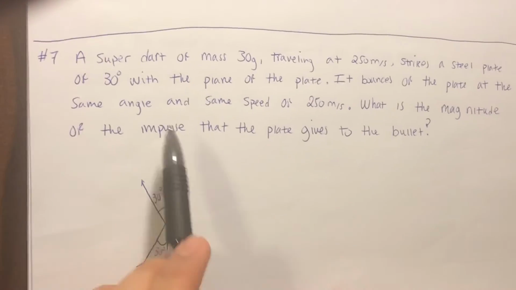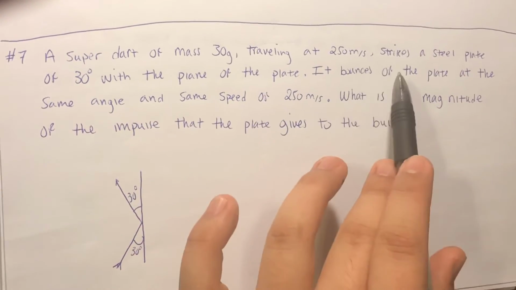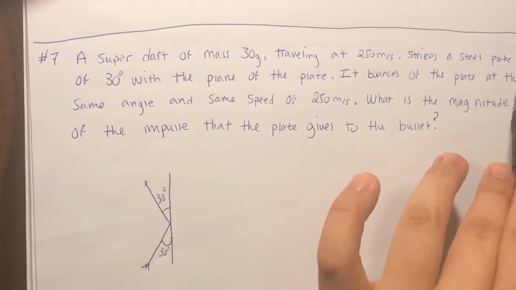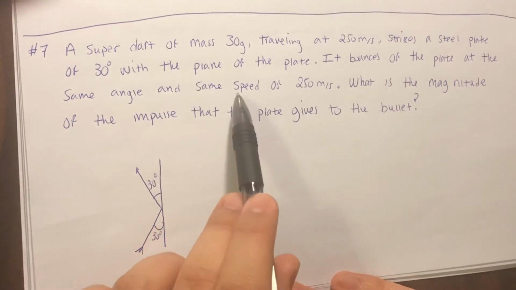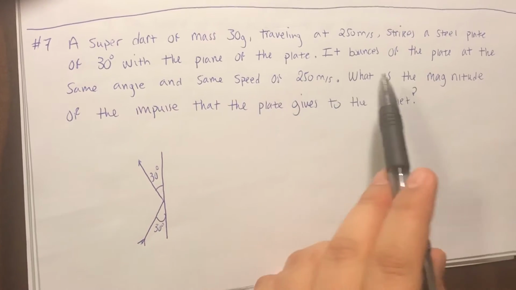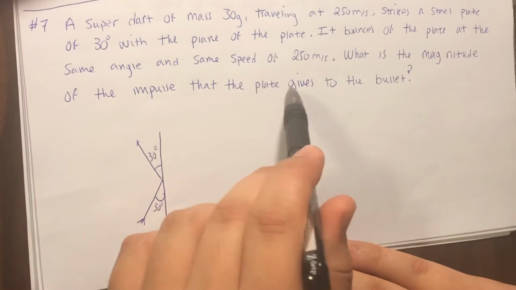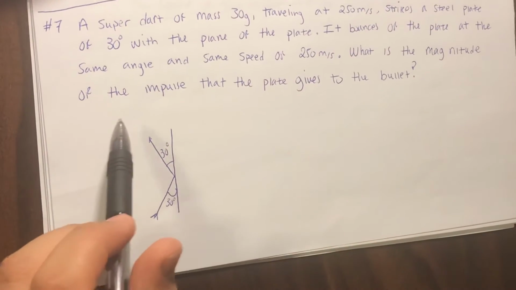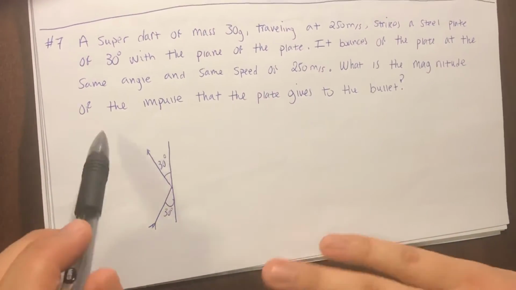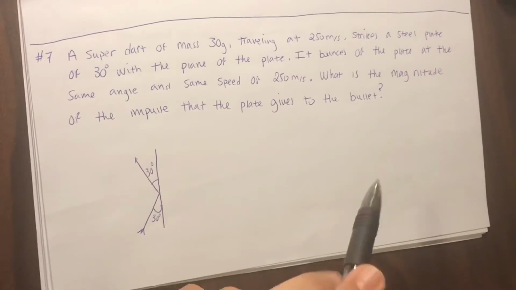A super dart of mass 30 grams traveling at 250 meters per second strikes a steel plate at 30 degrees with the plane of the plate. It bounces off the plate at the same angle and the same speed of 250 meters per second. What is the magnitude of the impulse that the plate gives to the bullet?